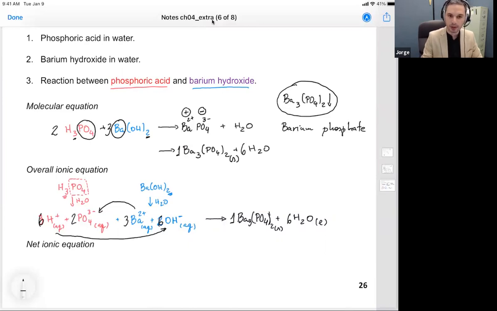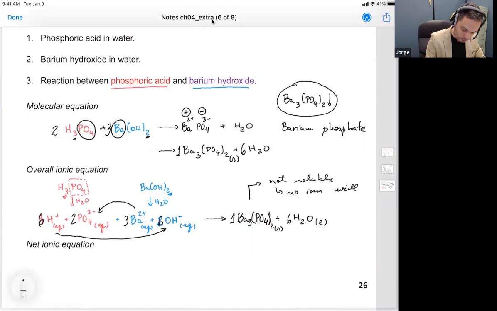Okay, an important thing that I need to highlight here. If the salt is not soluble in water, no ions will be formed. Okay?